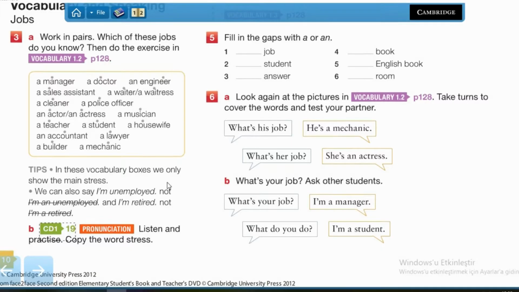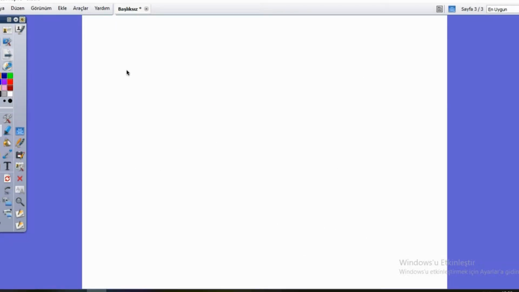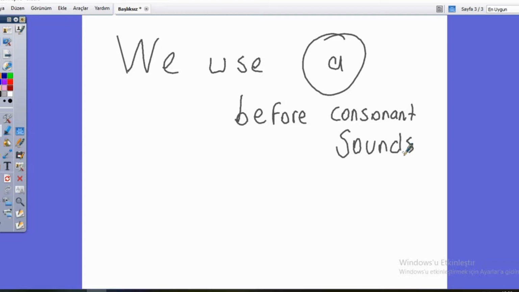The rule is we use a before consonant sounds. For example, my job, I'm a teacher. The first letter starts with a consonant sound, so we use a here. I'm a teacher.